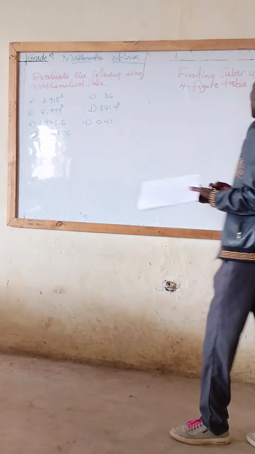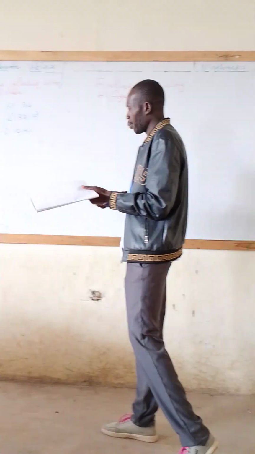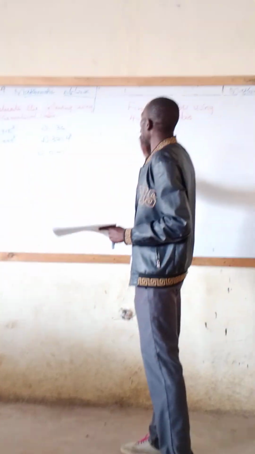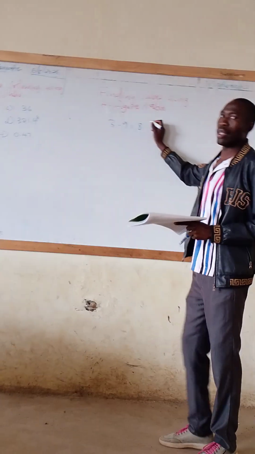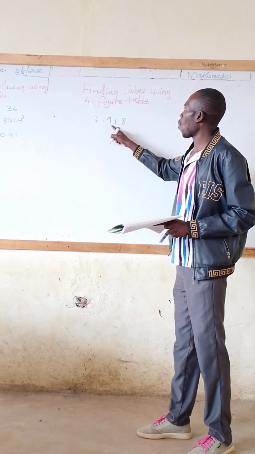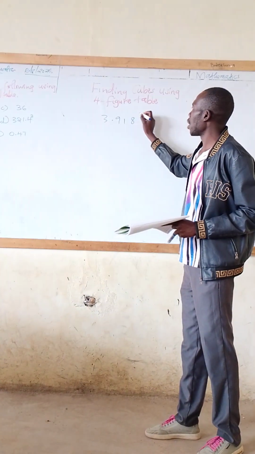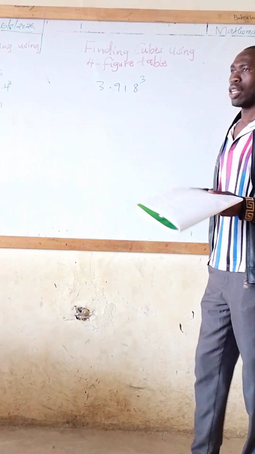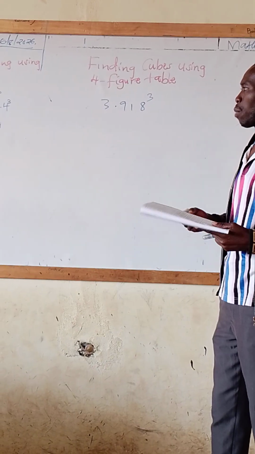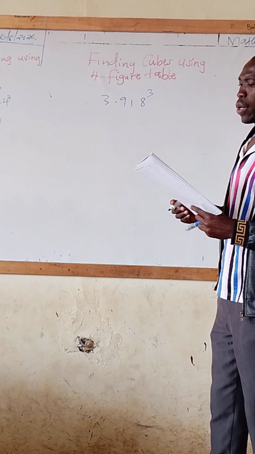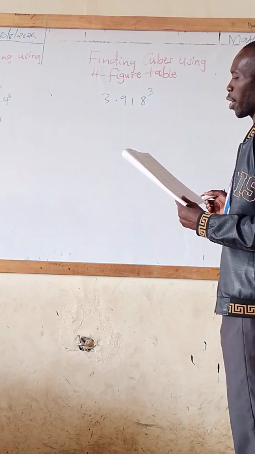So we can start with, for example, if you want to get the cube of 3.918. You want to get the cube of this number. So what can we do? This one can just go direct. If you go to the mathematical table, it is divided into 3 parts.